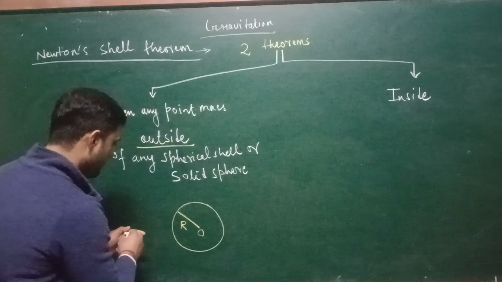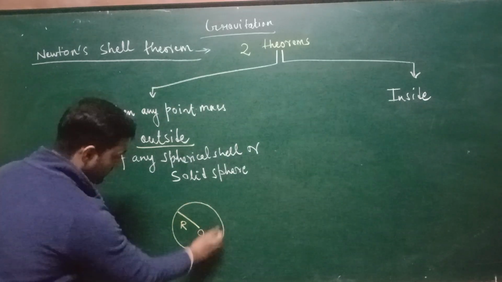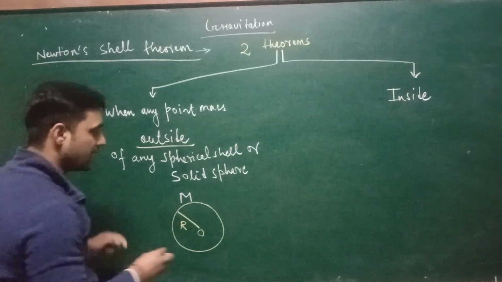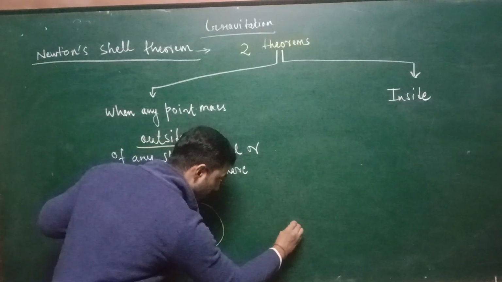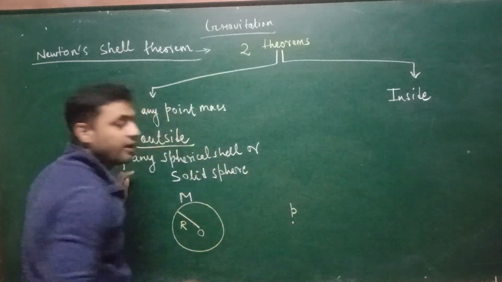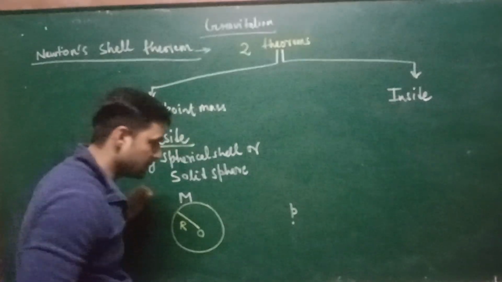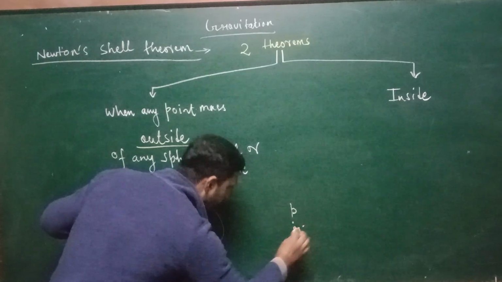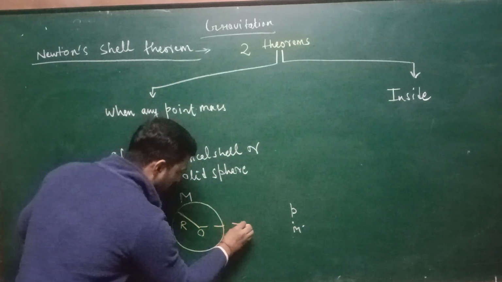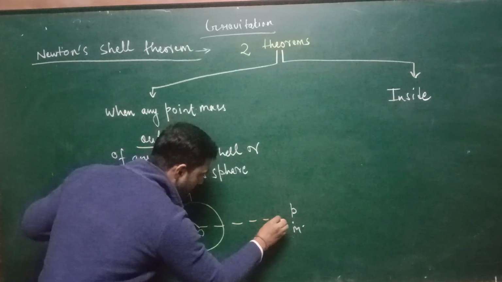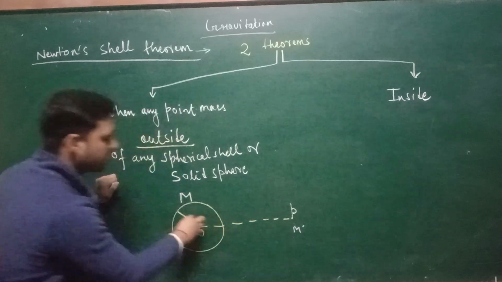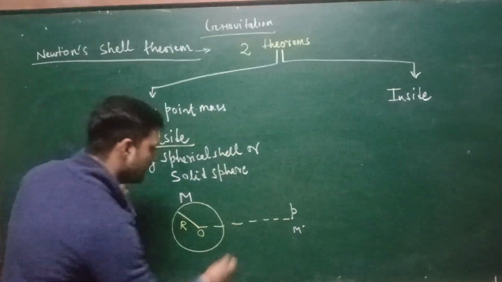Let's say the mass of this bigger spherical shell is capital M, and there is another point mass, whose name is point P, and its mass is M dash. The distance from the center of the bigger spherical shell to the point mass is, let's say, small r.